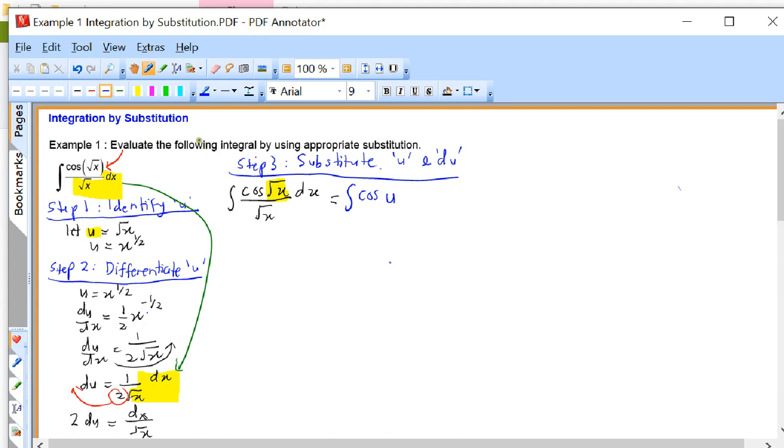The next part is based on the derivative that you have done. You can see that the dx over square root of x here is equivalent to 2 du. So we're going to change dx over square root of x into 2 du.